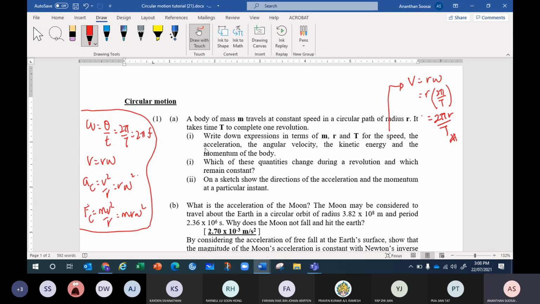Can I get next? Acceleration. Can you get acceleration in terms of m, r and T? Centripetal acceleration. The acceleration stated here is the centripetal acceleration.